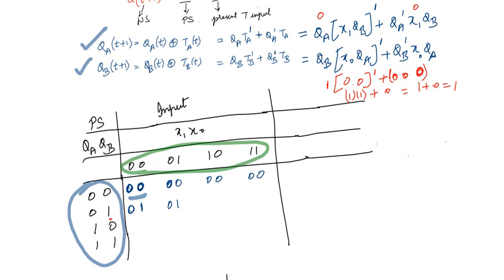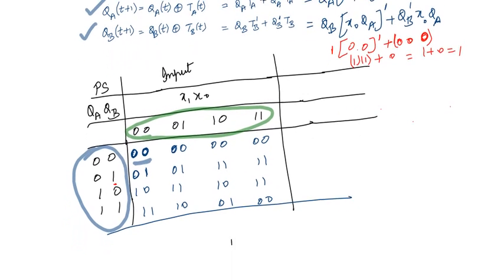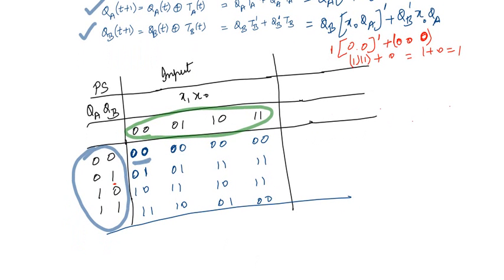So 0, 1 you will be getting here, 1, 1 you will be getting here, 1, 1 here, 1, 0, 1, 1, 1, 0, 1 1 1 1 1 0 0 1 0 0. So this is your next state. This is your QA QB next state, right?